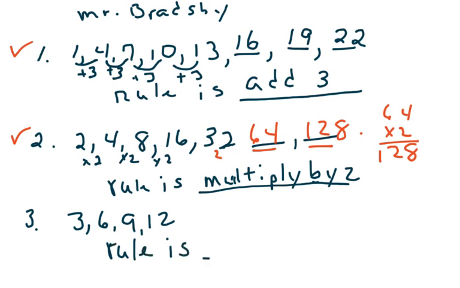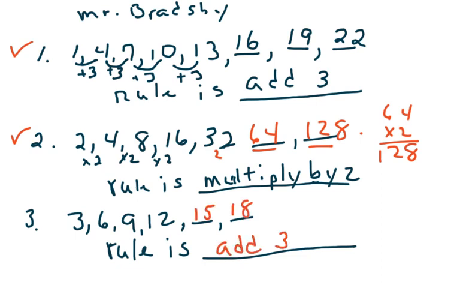So I'd like you to figure out the rule, and then I want you to do 2 more of these. Put me on pause when you get that completed, write out what the rule is, and then do 2 more in the sequence.